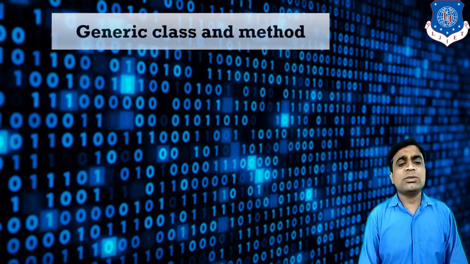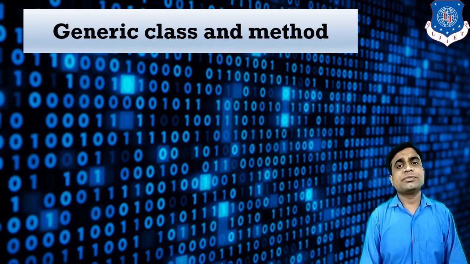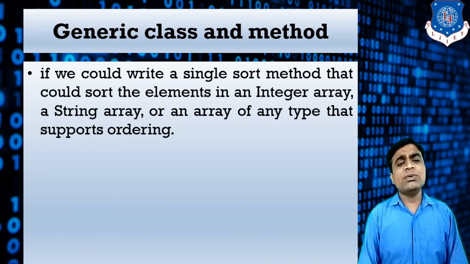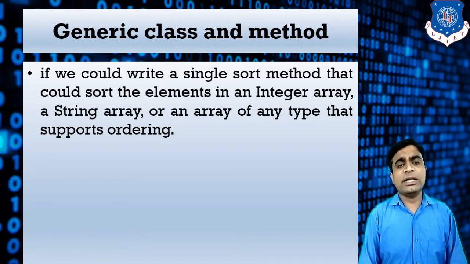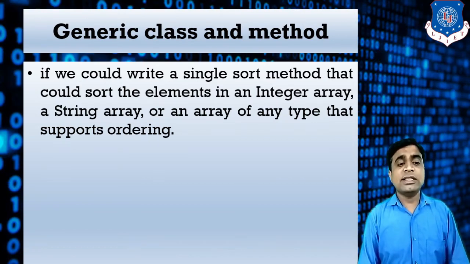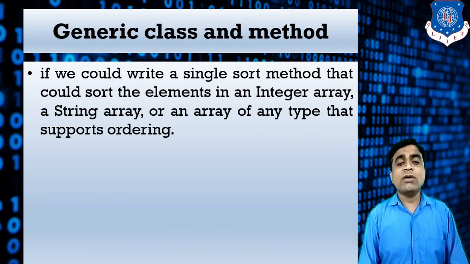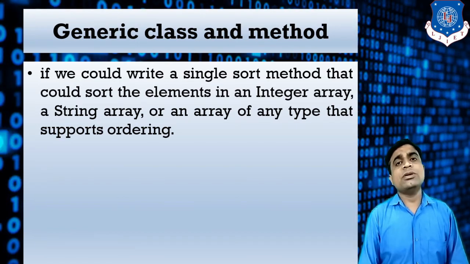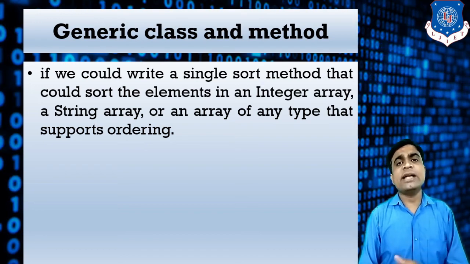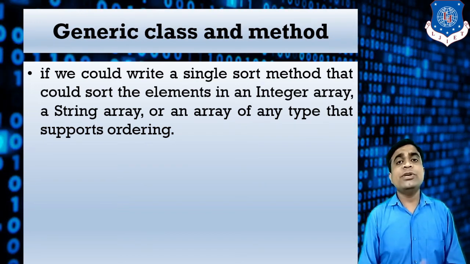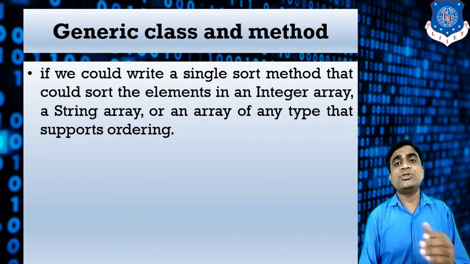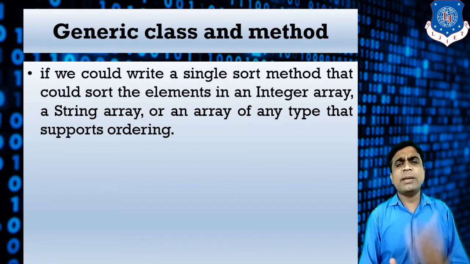And the last topic is generic class and method. So what do you mean by generic? Here, we can write a single sort method that could sort the elements in an integer array as well as a string array, or an array of any type that supports ordering. Suppose you want to sort a string array or character array and you are not using generics, you need to create one method for integer, one method for double, string, float and character data types.